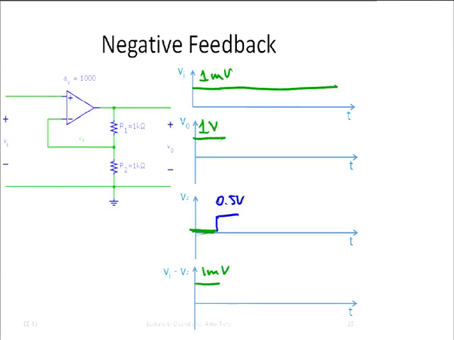Okay. So now Vi is still 1 millivolt, but Vf is now 0.5 volts, so Vi minus Vf drops to minus 0.49 volts. Okay? And then the output voltage now is, well, it's simply going to be amplified.